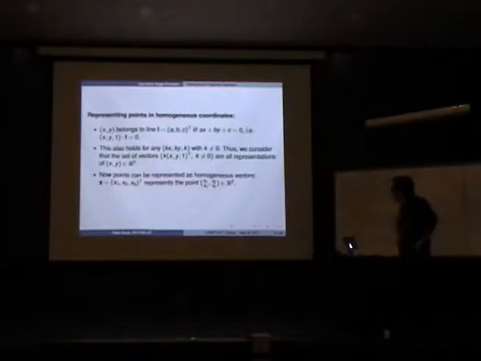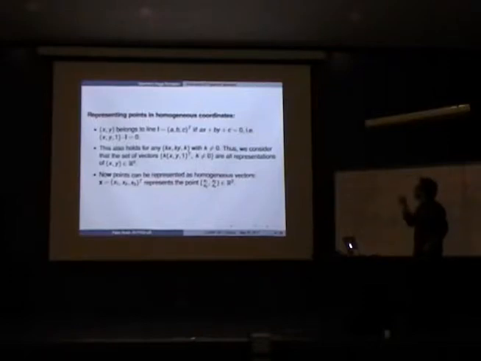And to represent a point in homogeneous coordinates, we say that a point belongs to a line represented as before in homogeneous coordinates if the line equation holds.